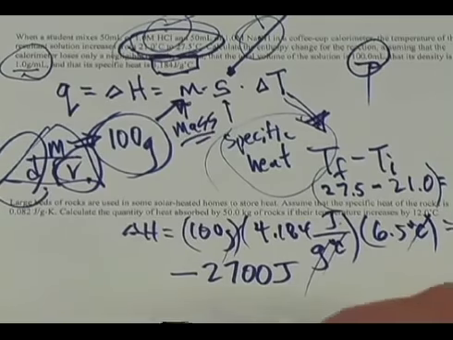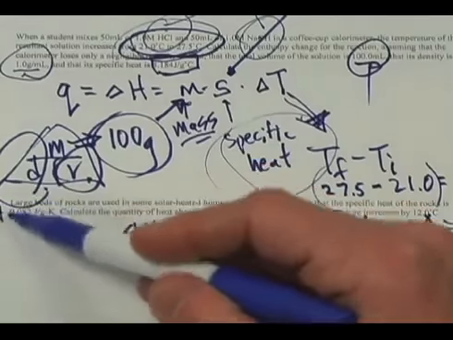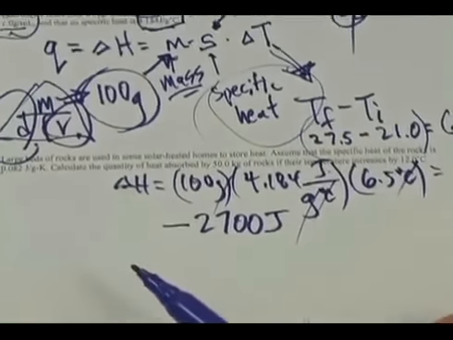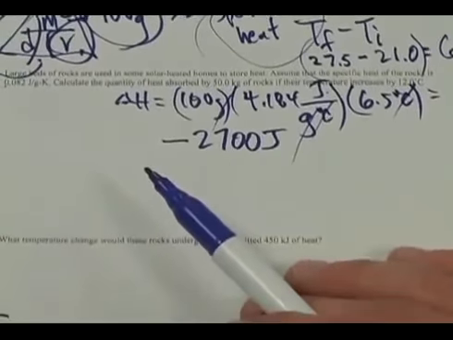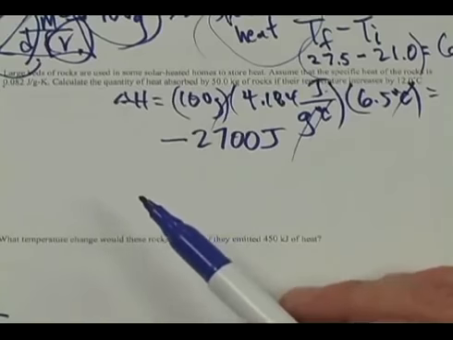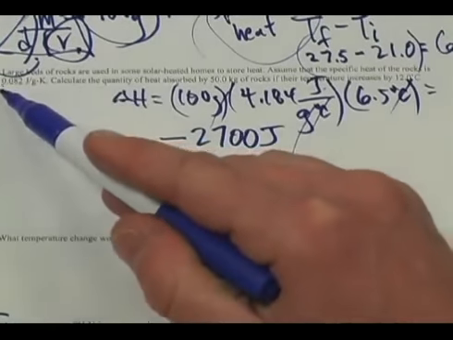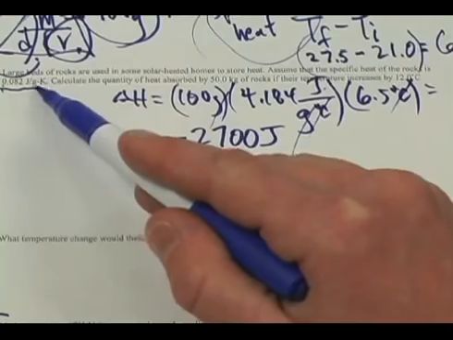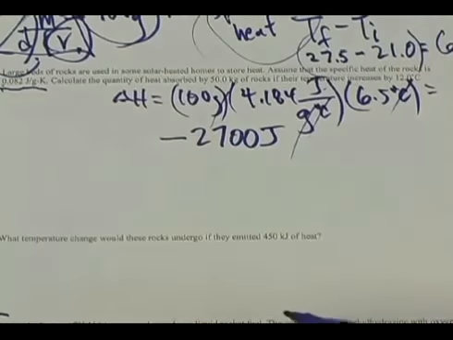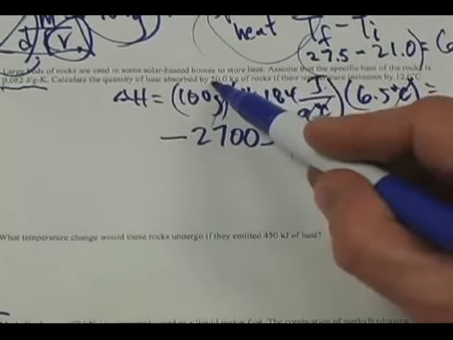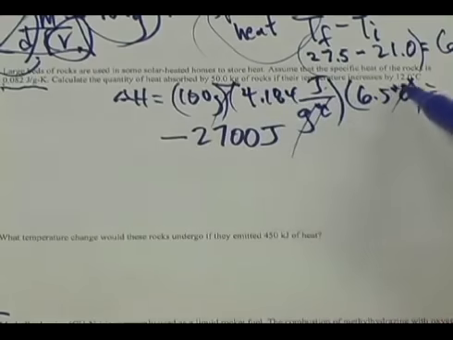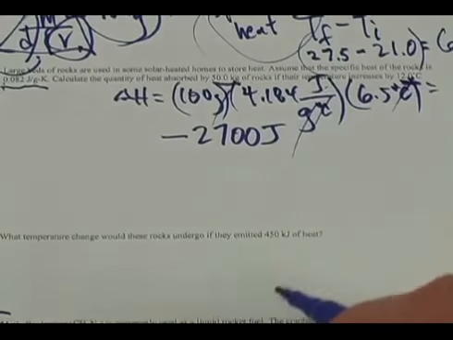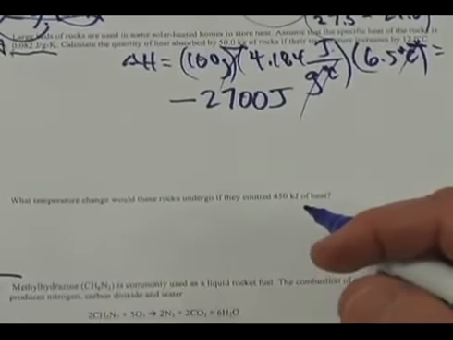Okay, the second question is about a large bed of rocks, and it says that they're used in heating a solar home, and assume that the specific heat of the rocks is 0.082 joules per gram Kelvin, and calculate the quantity of heat absorbed by 50 kilograms of rock if their temperature increases by 12 degrees Celsius.